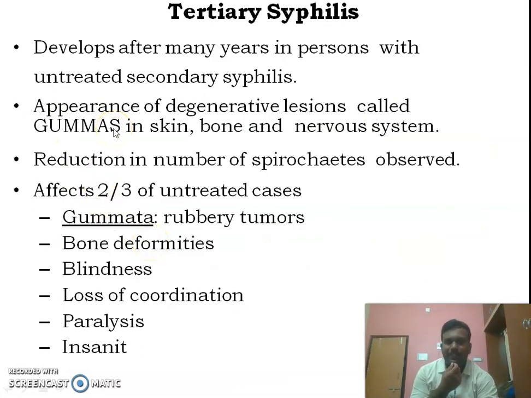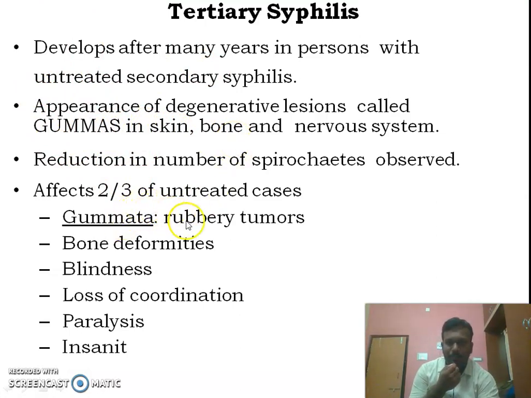Tertiary syphilis develops after many years in a person with untreated secondary syphilis. If the individual suffering from syphilis enters stage 2, secondary syphilis, and is not treated, he will enter a stage of latency, and after several years we will observe tertiary syphilis, which is characterized by the formation of gummas in skin, bone as well as the nervous system.